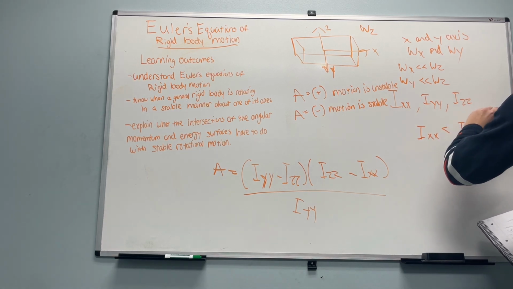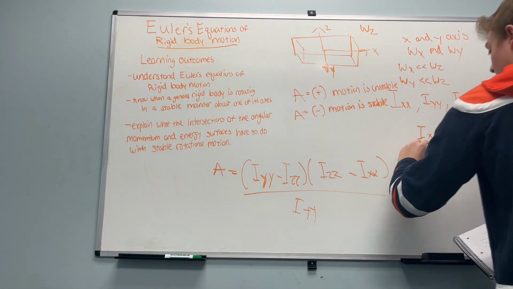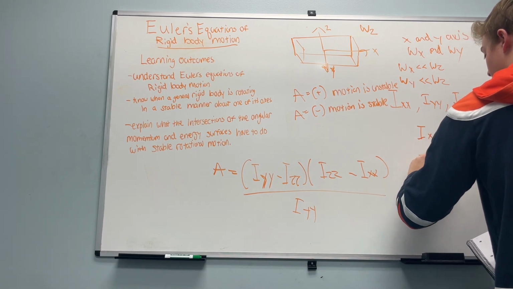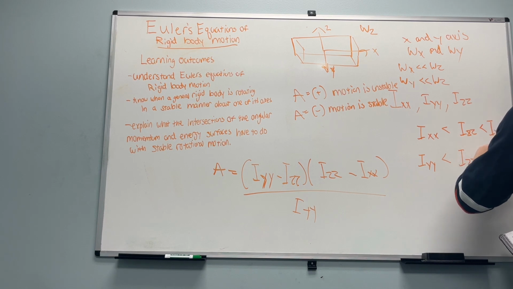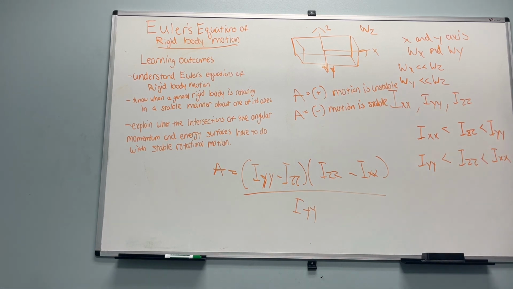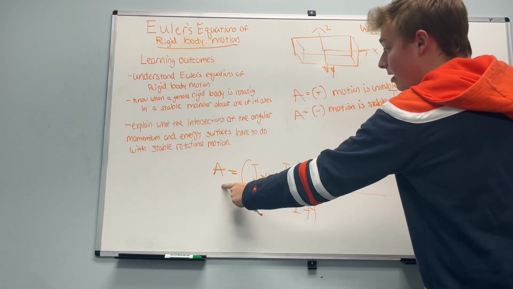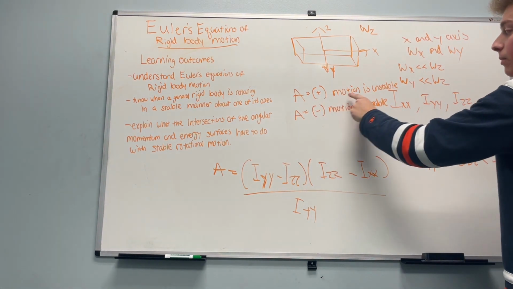IZZ will be in between IXX and IYY, either way. Either greater than IYY and less than IXX, or greater than IXX and less than IYY. Now from here, we can see that A would be positive, and motion would be unstable.